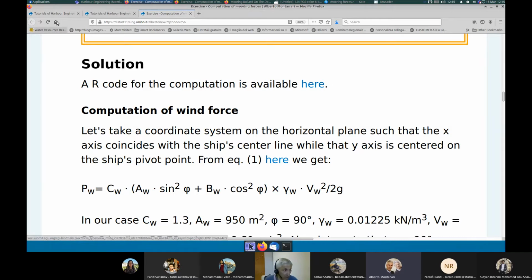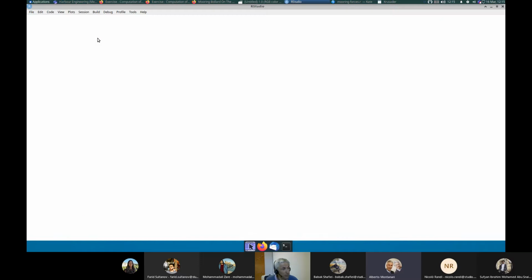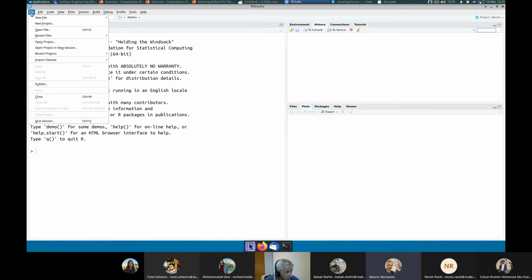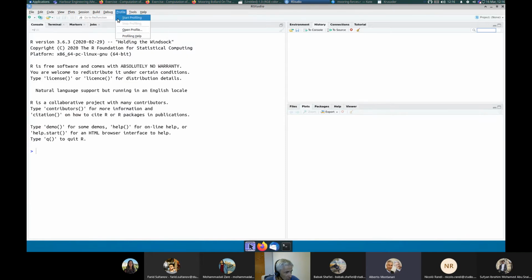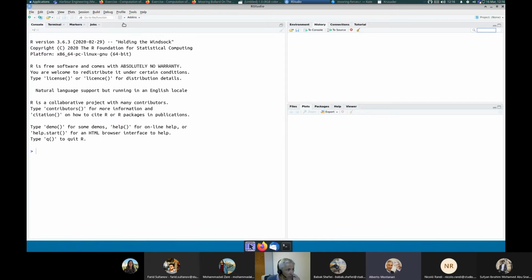So let me open then RStudio at this stage. I had to open it again because for some reason it crashed. So let me see RStudio. Okay, let's hope that now it's okay. And let me open a new, I'm not sure whether I need a script, but yes, let me open a new project, new file, R script. So I get file, new file, R script. And I should get, I don't know why it didn't.